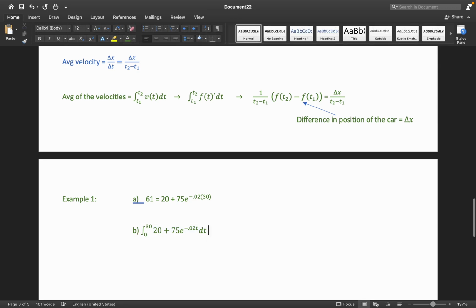And if I do that, math 9, fnInt 20 plus 75 e to the negative 0.02 x, 0, 30. And then I need to multiply that by 1 over 30, so I'll divide that by 30. And my average is going to be 76.4 degrees Fahrenheit.